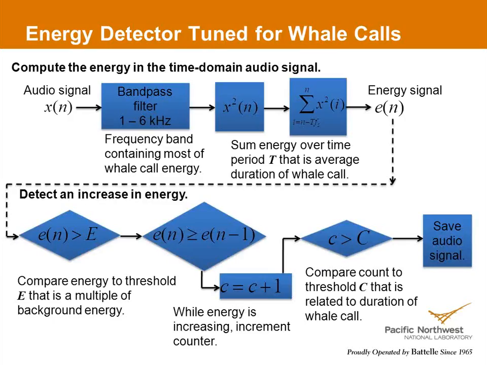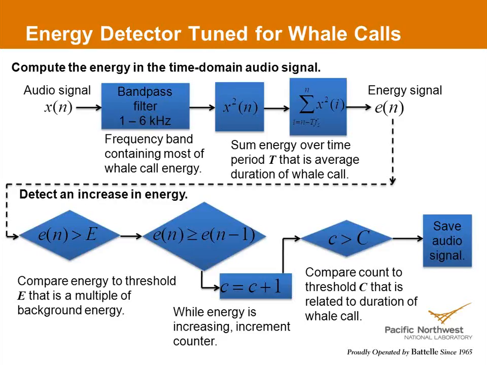The energy detector, this is the flow of data through the detector. A call or a signal comes in. It's filtered so that we're only looking at a frequency band of interest. And then we implement the detector by summing energy, which essentially is scoring the signal and then summing it.